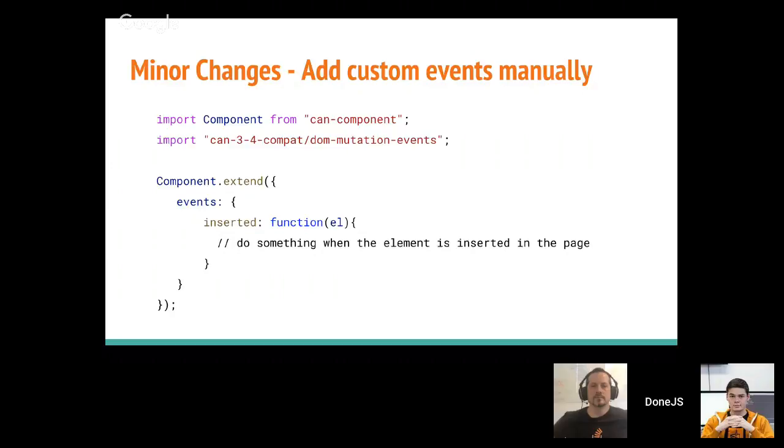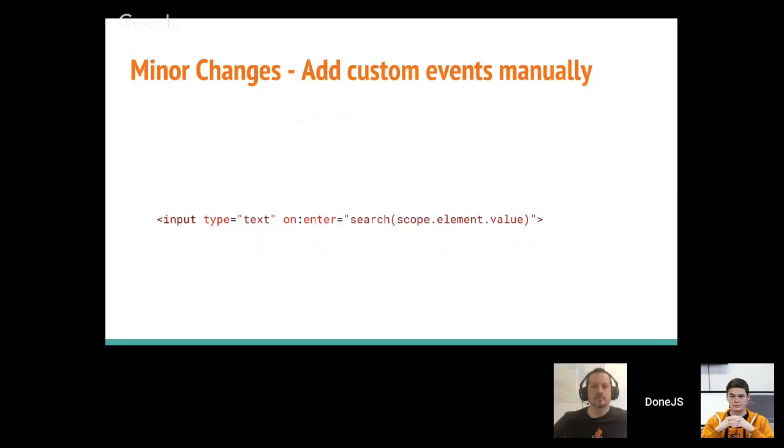You can use the connectedCallback, which is a new thing that replaces inserted and removed events, if you want to. But during the upgrade process, I would recommend just installing this compat package and changing as little of your code as possible. So that's all you need to do for this, just import this package. You'll probably also have to add this as a dependency. This is one you'll have to do manually.